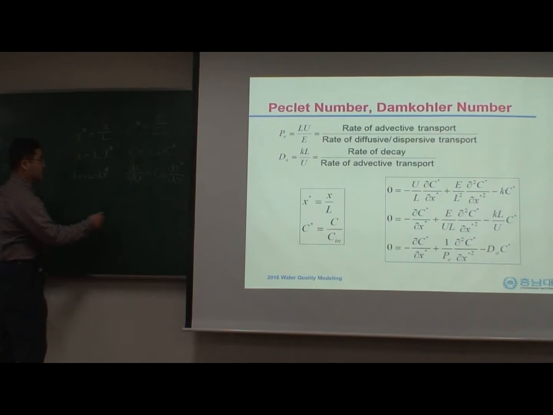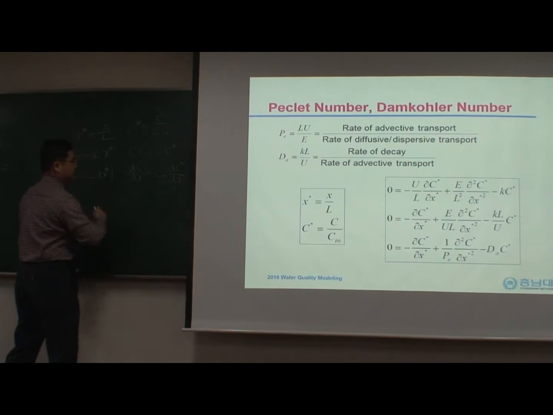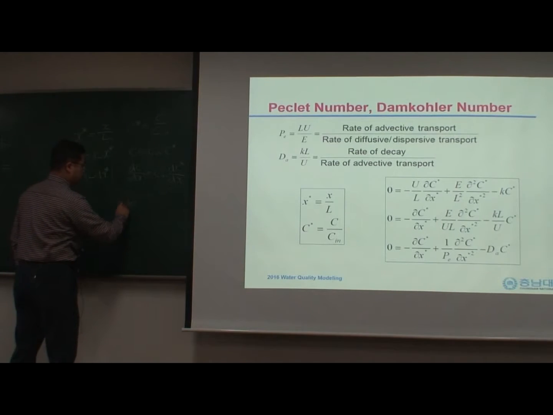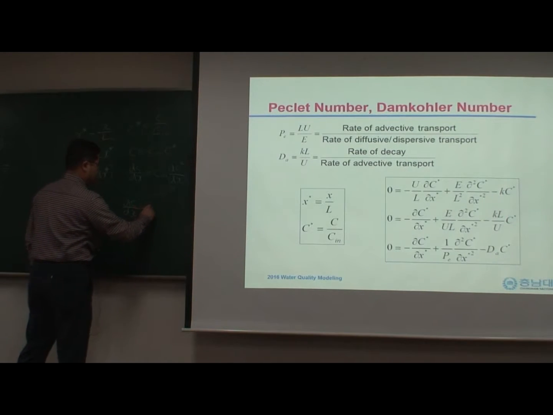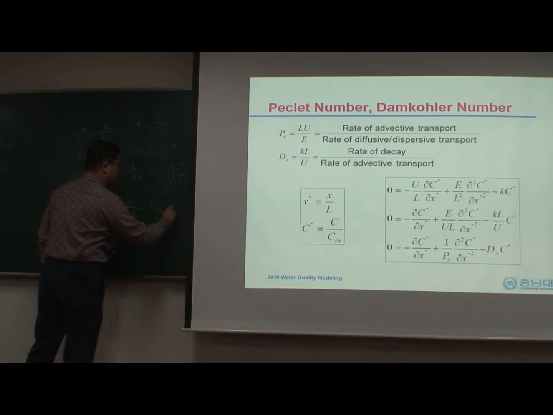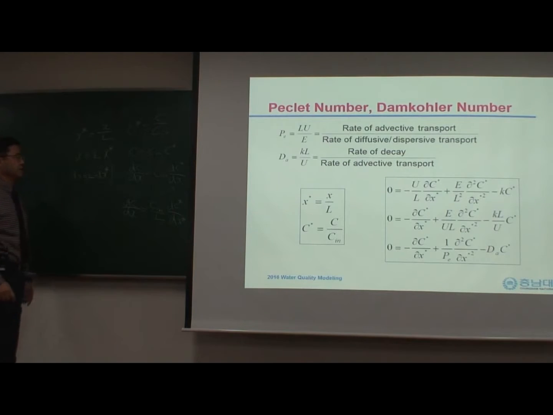So I need to replace my dx in here, and I will just keep writing. And if we replace dx with that, then this is L and dC dx like that. Okay? Right?